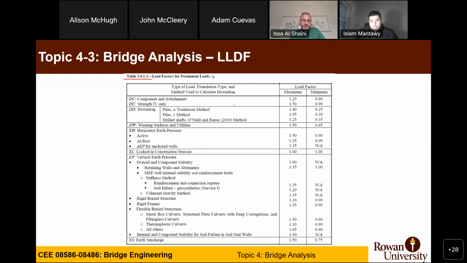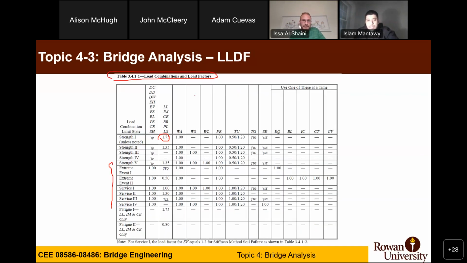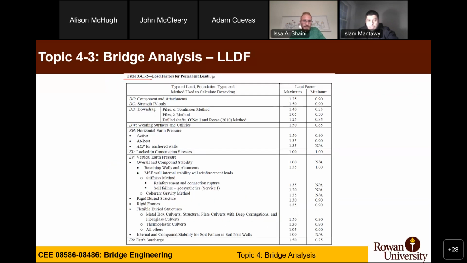Okay, so from previous, if you go back one slide, you will see gamma P, right? So there's no number in this table, correct? And this table 3.4.1-2 is giving you those values based on your DC, DW, etc. Correct?